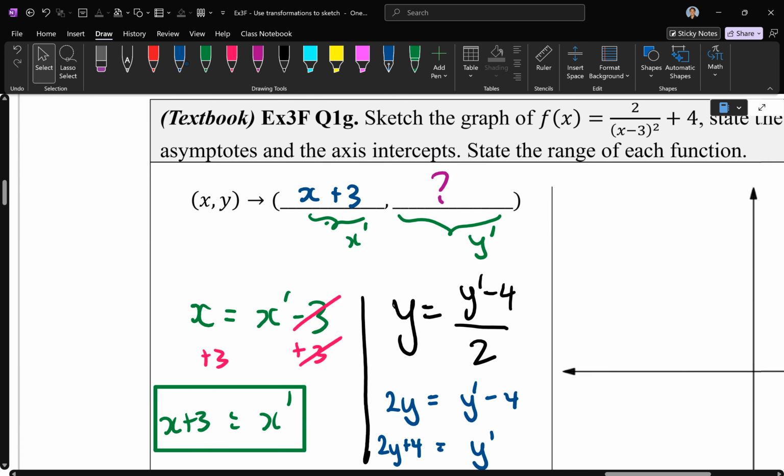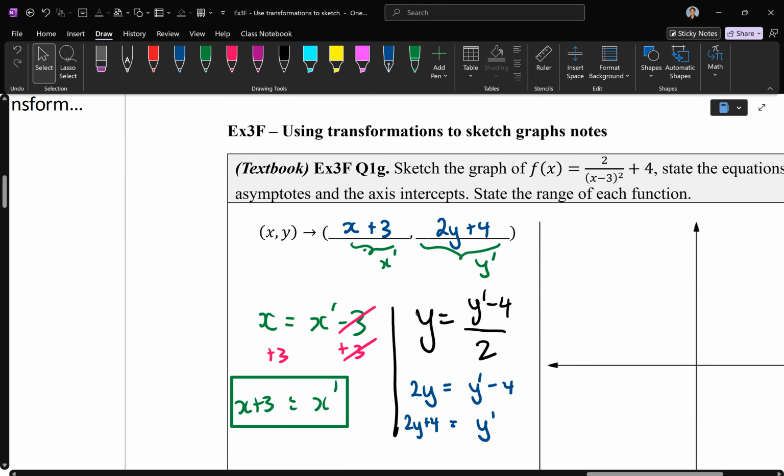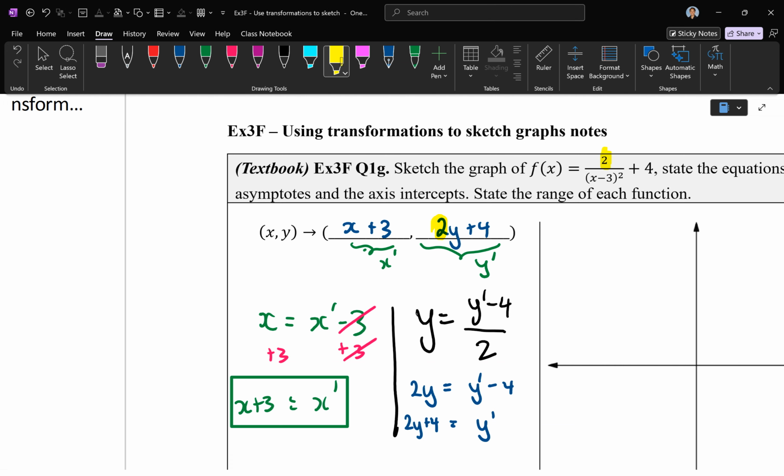So if I write it all back in here, y dash now equals 2y plus 4. And that's what I was saying before. See, over time, you start to see a pattern. See, when it's times 2 here, that's dilation of factor 2 from the x-axis. There's the 2. When it says plus 4, can you see that plus 4 means shift up by 4? It's here.